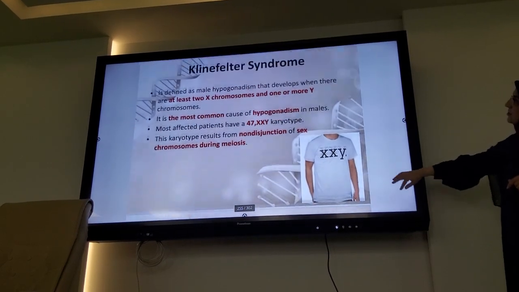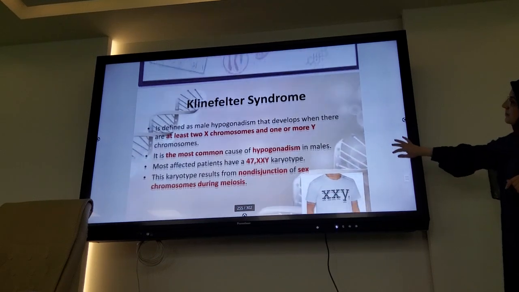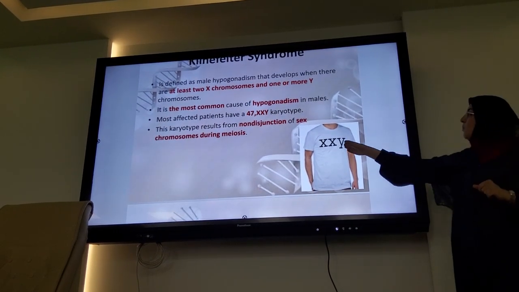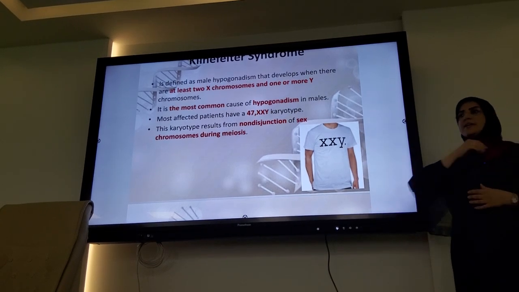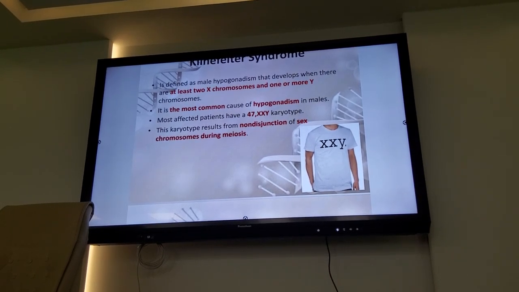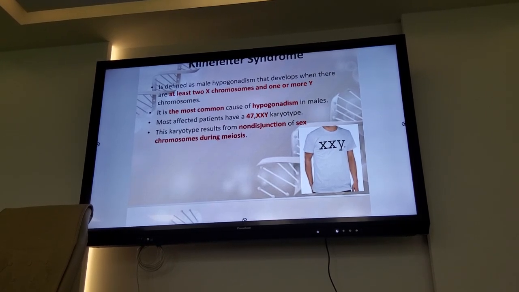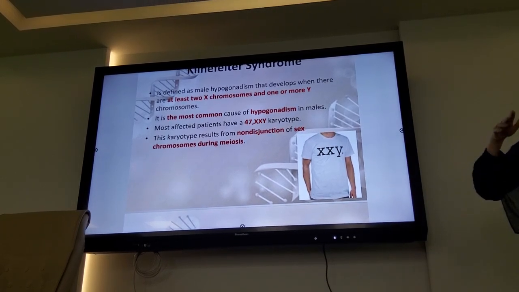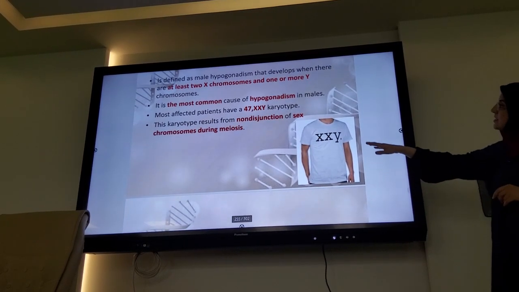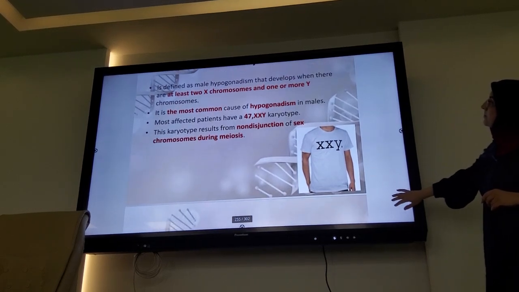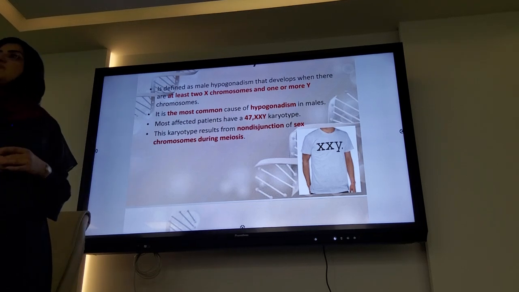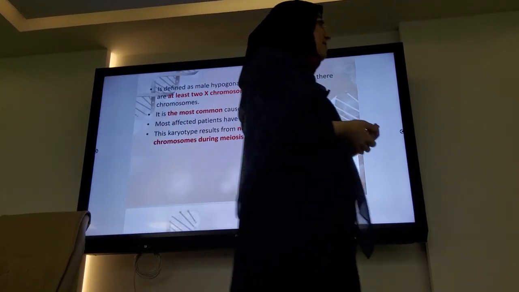In Klinefelter, they are male with at least one extra X on the sex chromosome, on the karyotyping. Sometimes they have more than one X. This is because of non-disjunction. It's the most common cause of hypogonadism and infertility in the male.